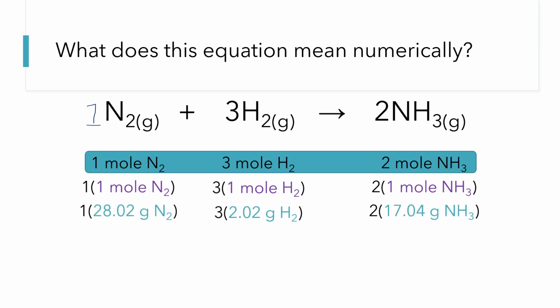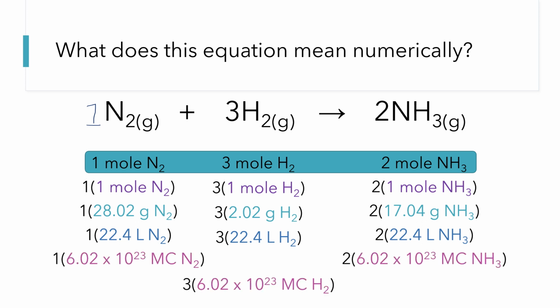For instance, I can replace the 1 mole of nitrogen with the molar mass of nitrogen. If you go to the periodic table, each nitrogen atom is about 14, and so if we double that for N2, we get 28. In addition to that, I could substitute the volume of 1 mole of gas at STP, which is 22.4 liters, or I could substitute in Avogadro's number, 6.02 times 10 to the 23rd molecules of each of these substances.